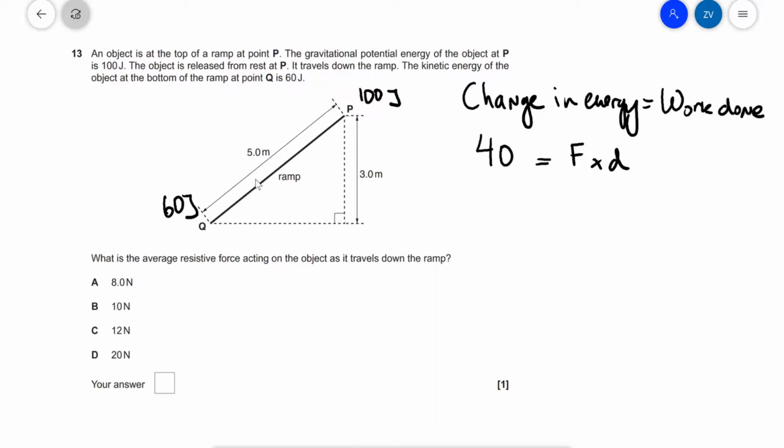So our force will be equal to 40 divided by the distance, which is 5, which is going to give us 8.0 newtons. The correct answer is A.